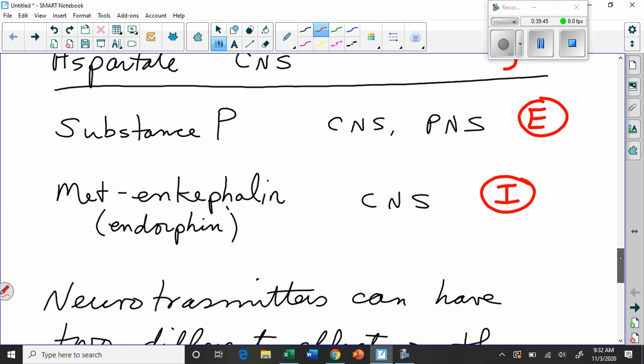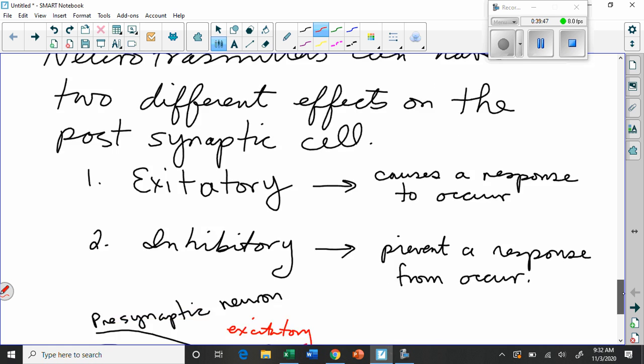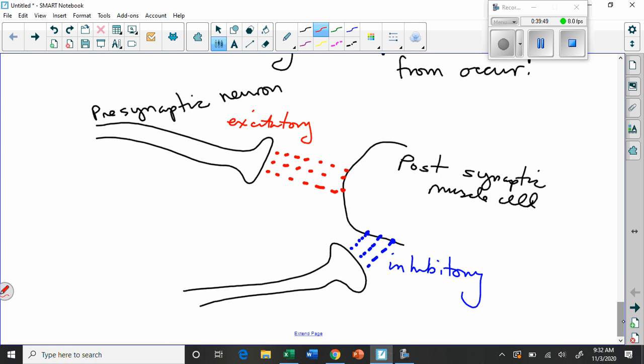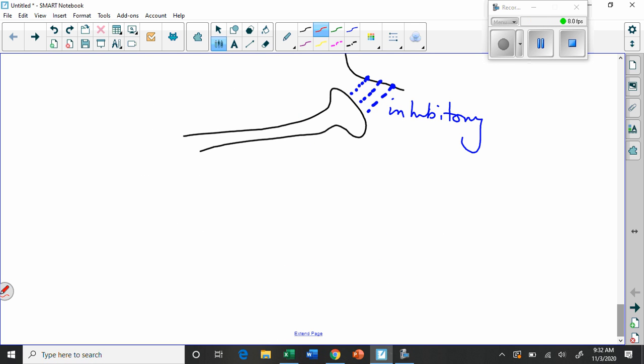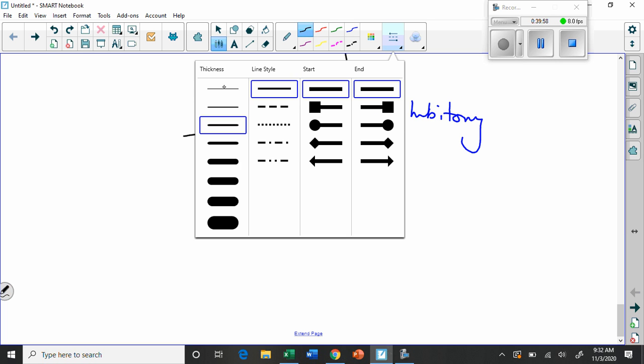And that's another thing we should talk about, which is reuptake of neurotransmitters. So once they're released into the synaptic gap, in order for them to fire again, there has to be something called reuptake.